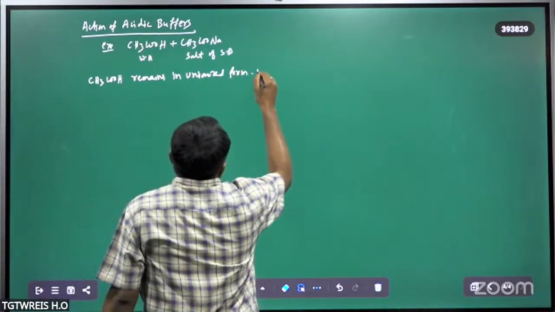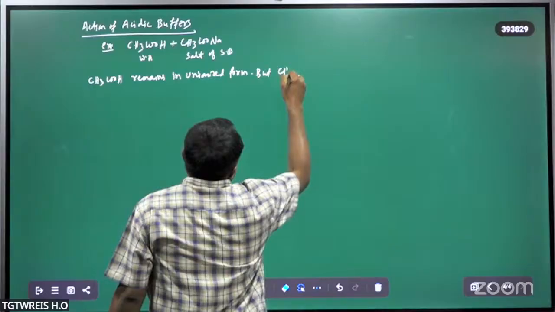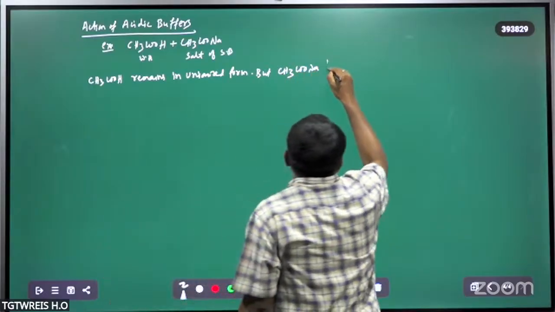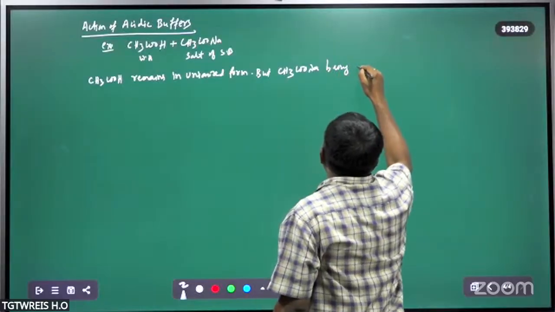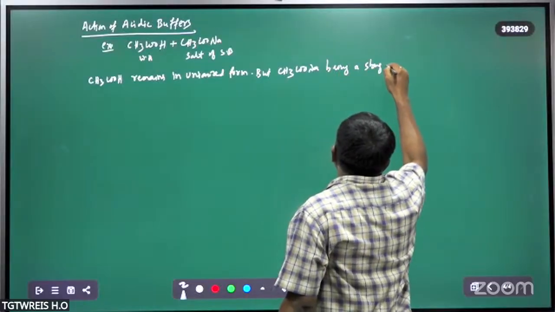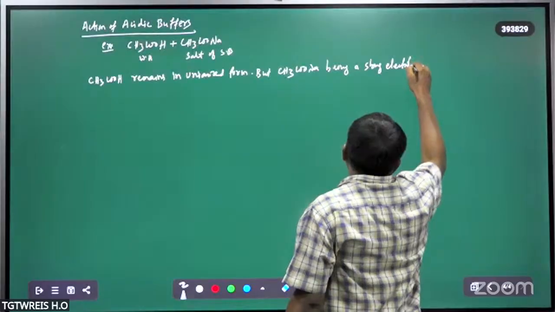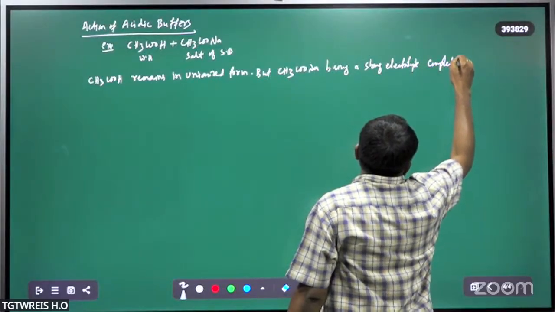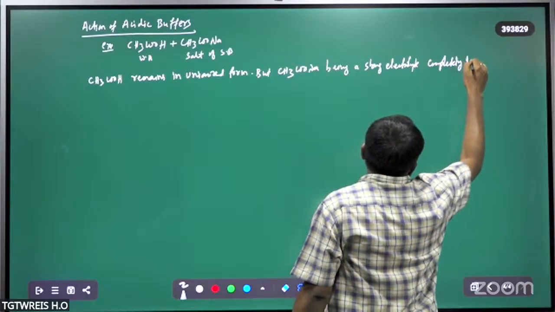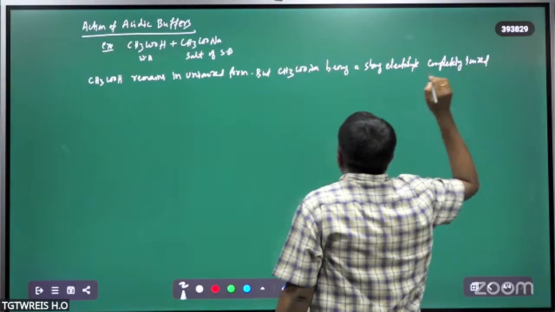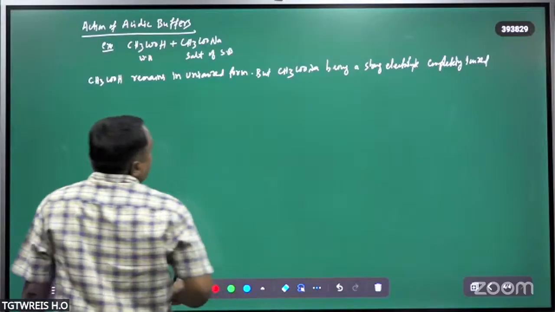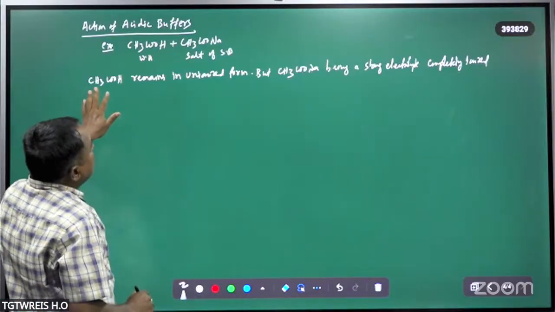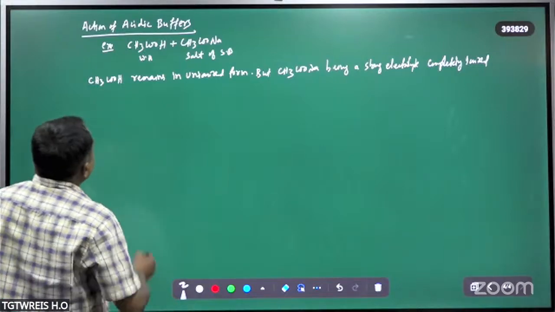But CH3COONa, being a strong electrolyte, is completely ionized, because strong electrolytes generally undergo complete ionization, whereas a weak electrolyte undergoes partial ionization.